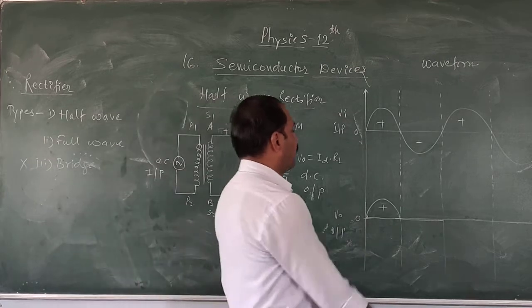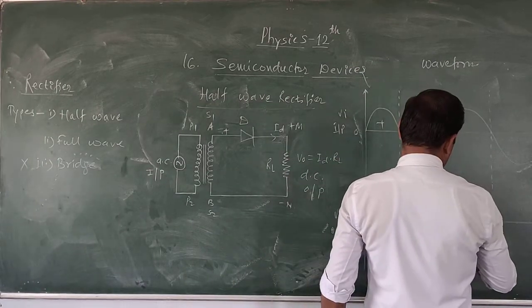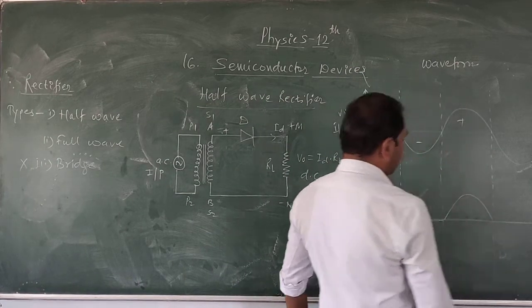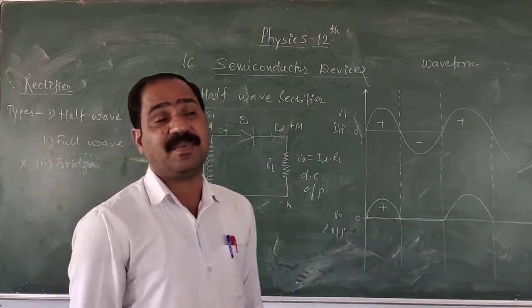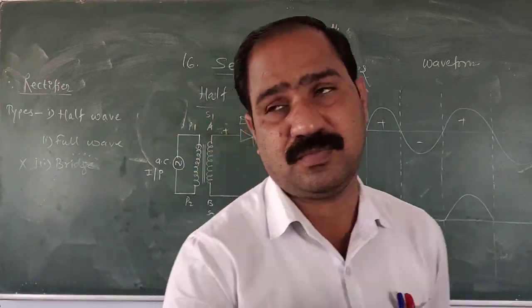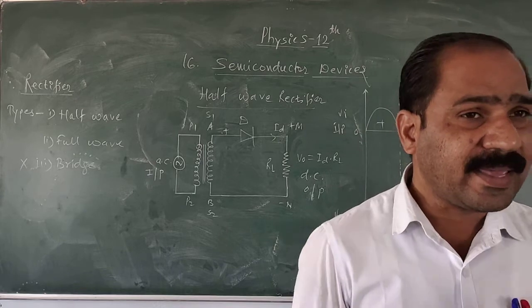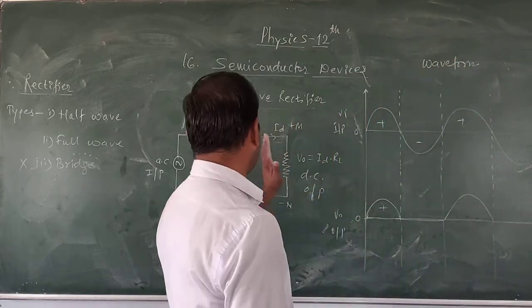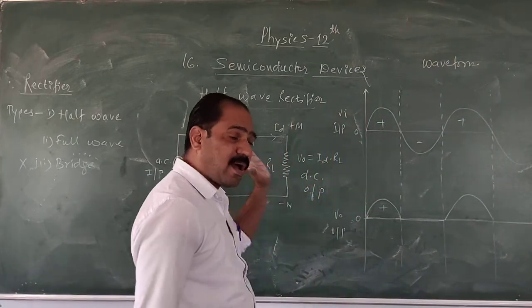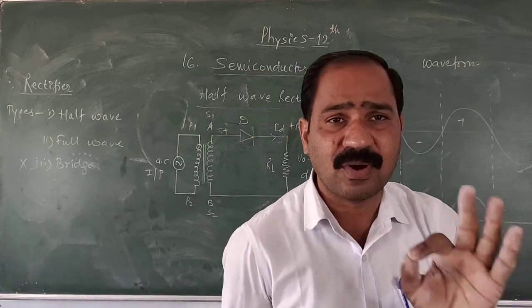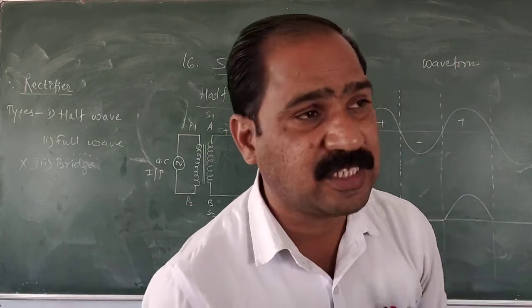Therefore, the current will flow through the diode in this direction. Means for every positive half cycle diode conducts, and for every negative half cycle diode doesn't conduct due to the reverse biasing.